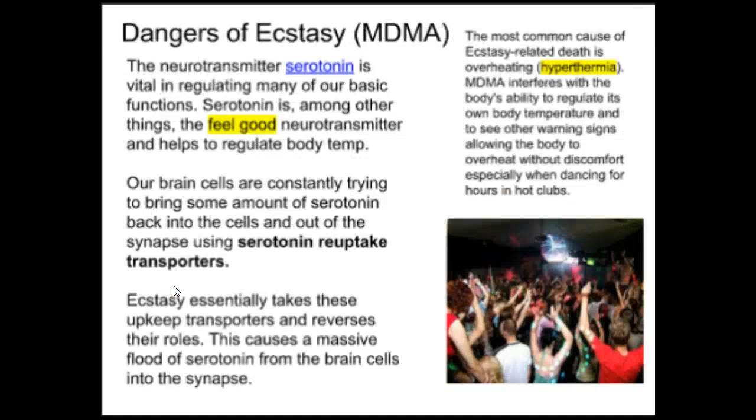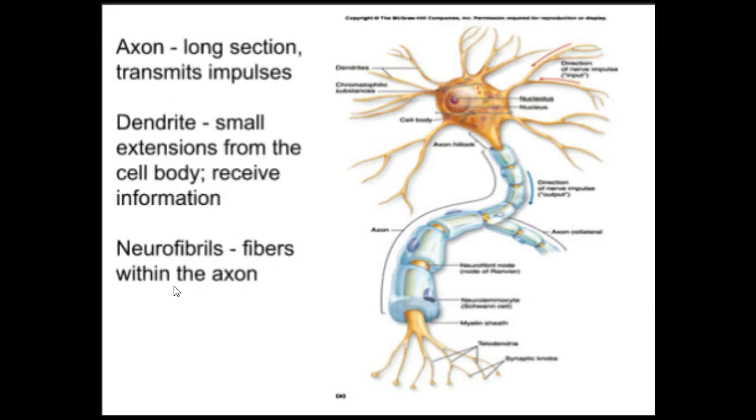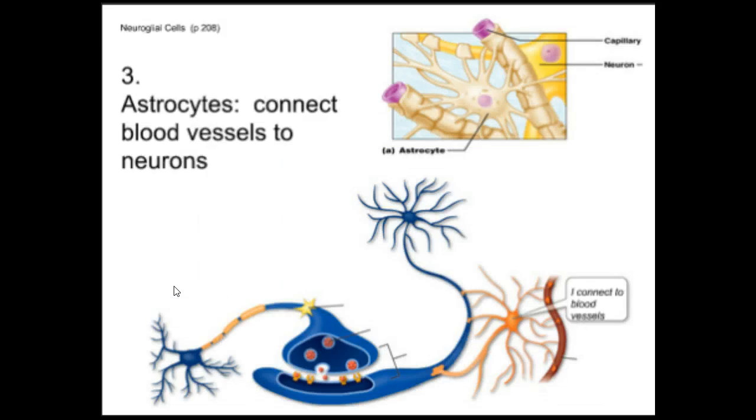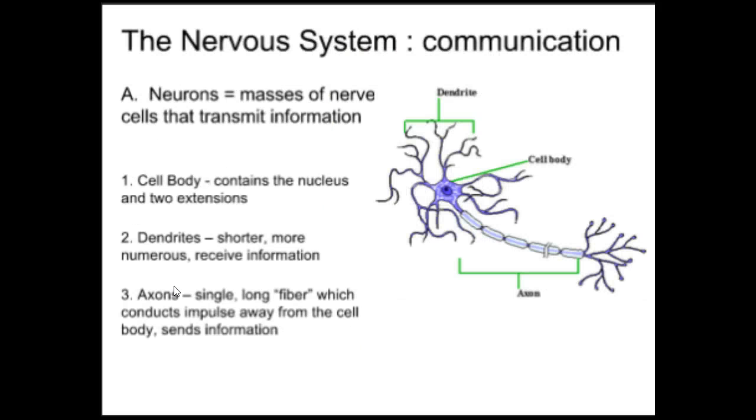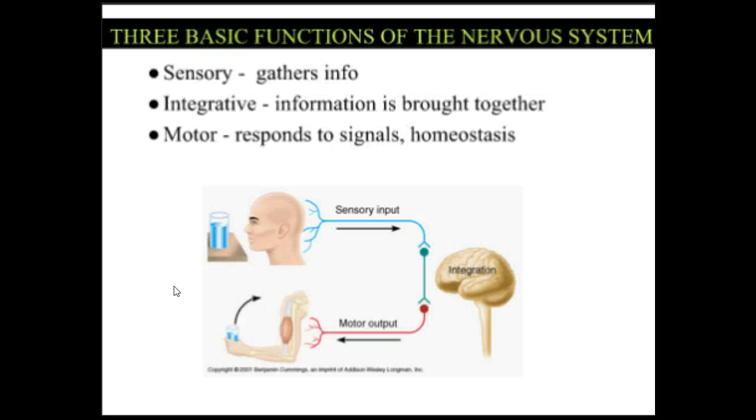And just to go back a little bit real quick to explain something. So we have our sensory input, which is controlled by the afferent. And then we have our motor output, which is our efferent. And then our integrative, which is the brain again.